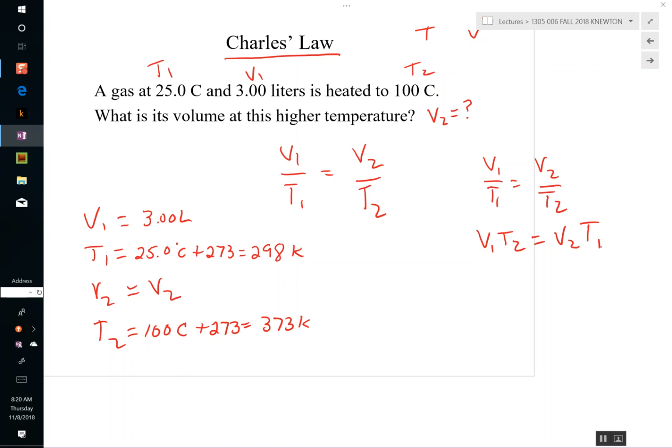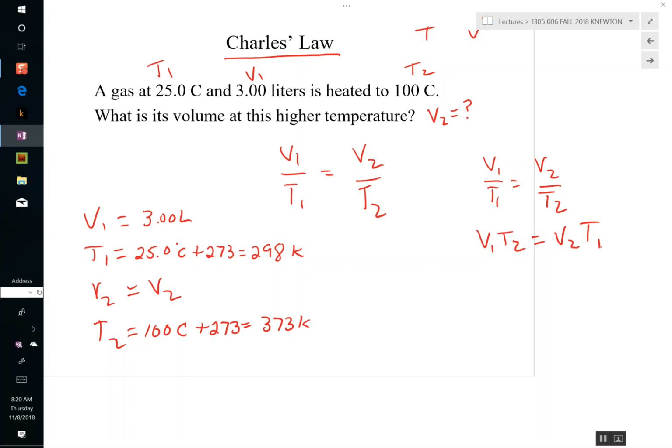Let's multiply this by T2. Let's divide. Let's multiply this by T1. Well, let's multiply both sides of the equation by T1. And that's basically cross multiplying. All right?